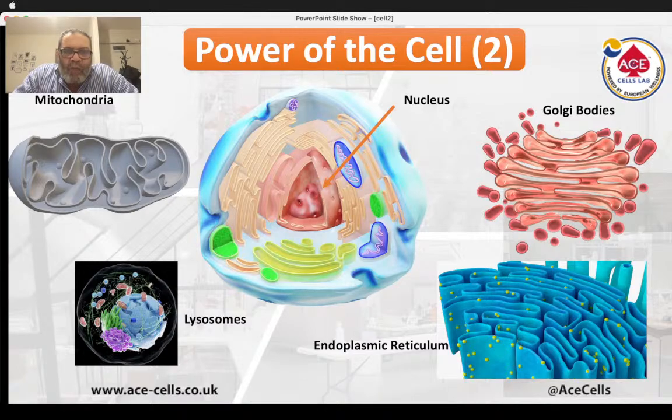Each component plays a very important role in its function, its survival, its multiplication, and how it can perform its function within the assigned organ in the body. So the importance of each organelle is extremely high.